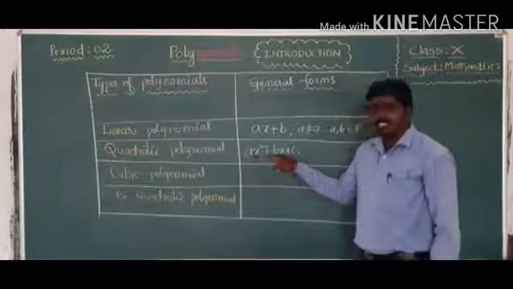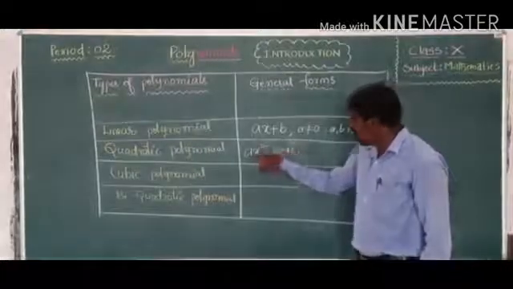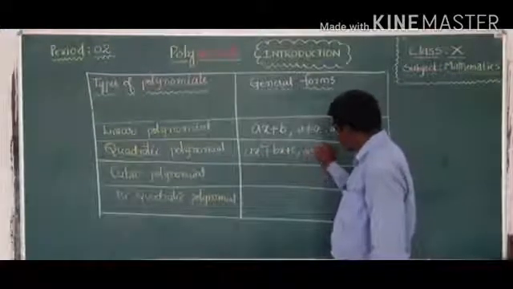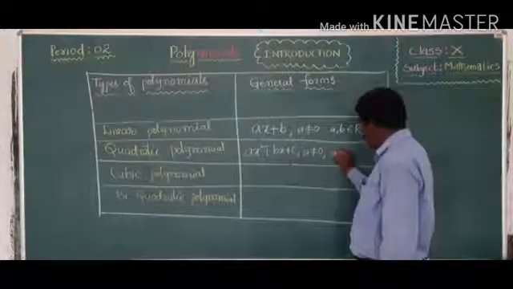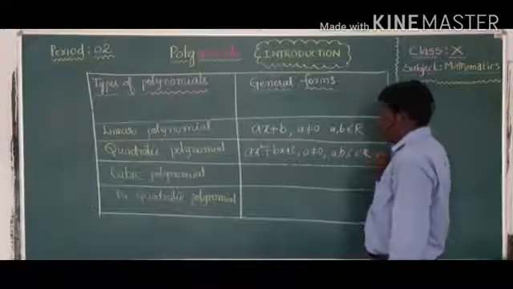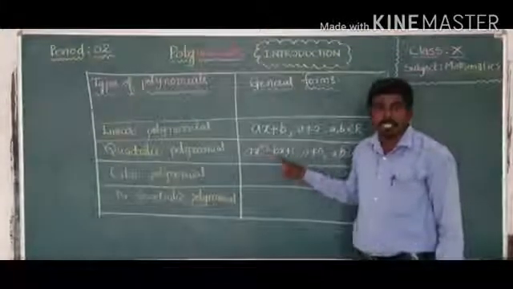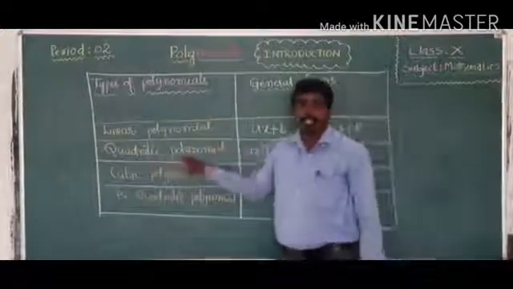Here also a must be not equal to 0, a, b, c belong to real numbers, and x is the variable.